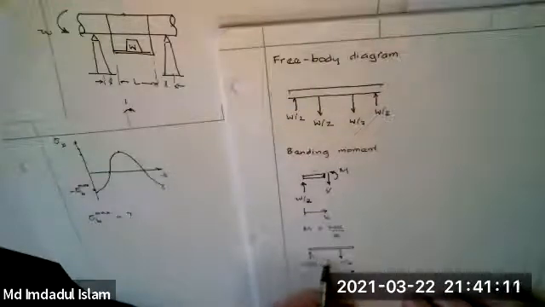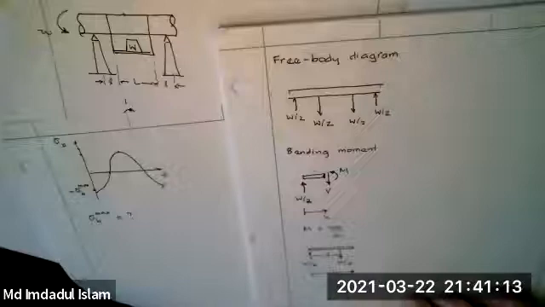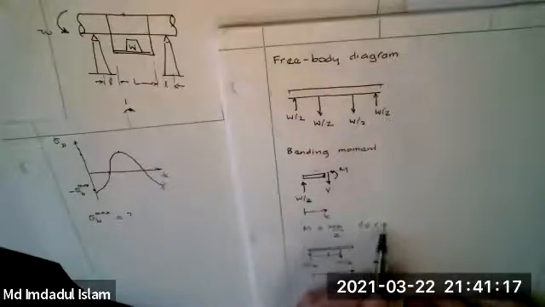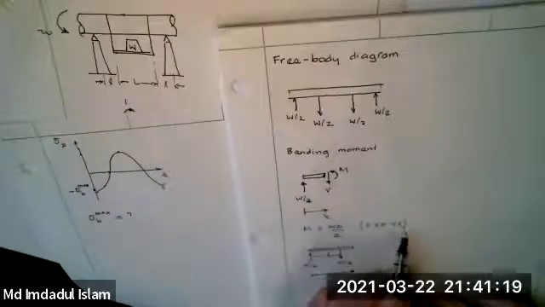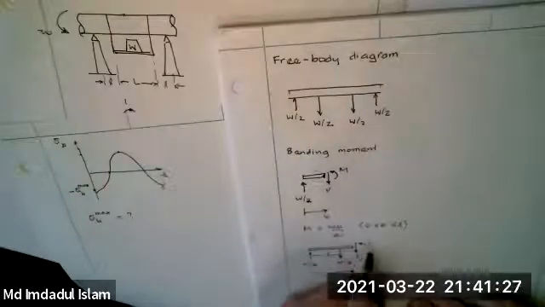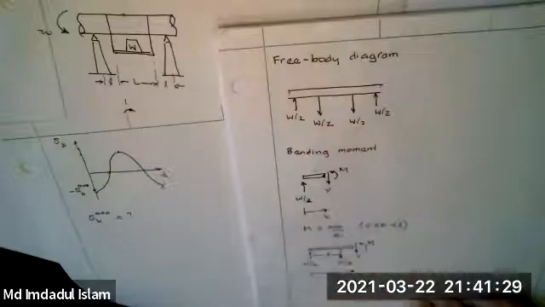This distance here is L. So now X is greater than L. This would be the correct moment for X less than L. Again, I put these in according to the positive sign conventions. So as I've told you, there's almost no need to work out the shear force.